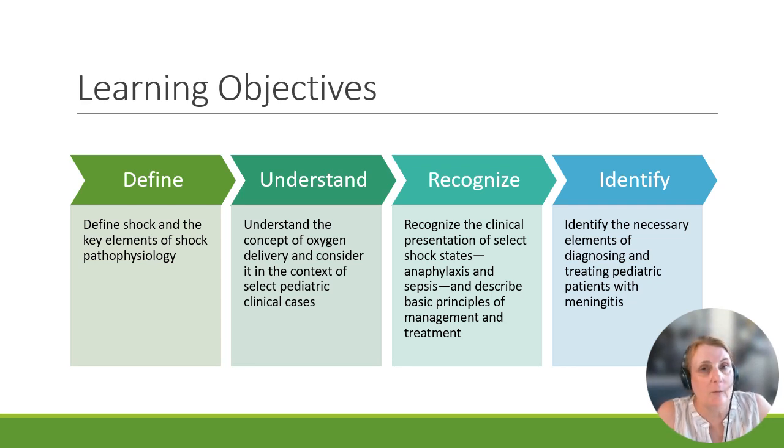By the end of this you should be able to recognize the clinical presentation of some select shock states that affect the pediatric population, and describe basic principles in their management and treatment. But also you should be able to identify the necessary elements of diagnosing and treating pediatric patients with meningitis.